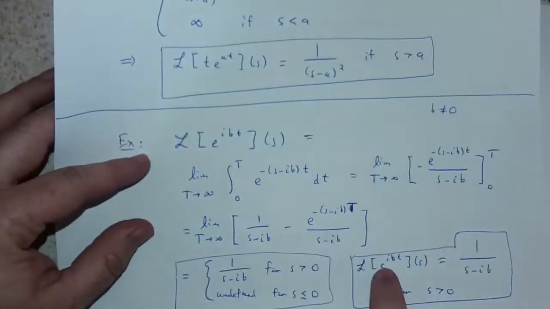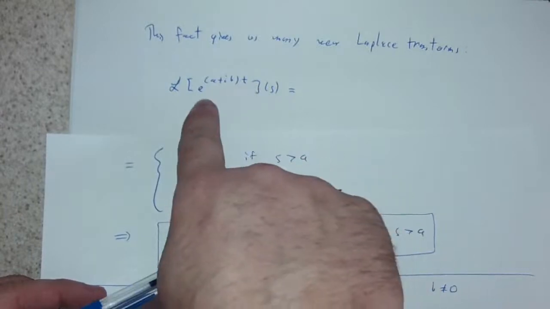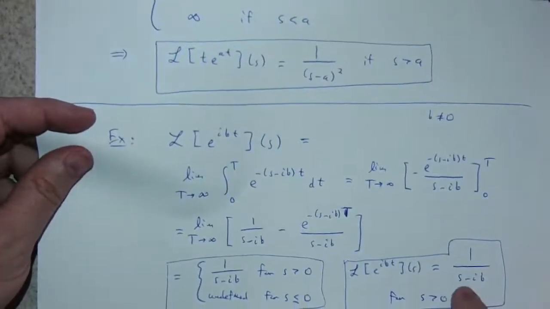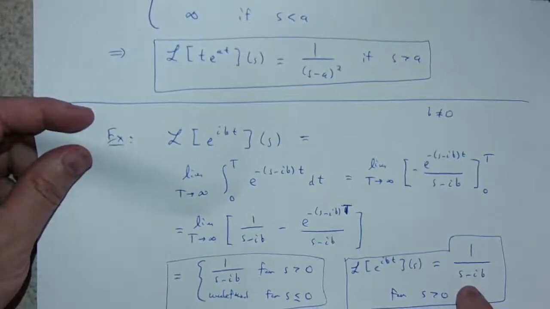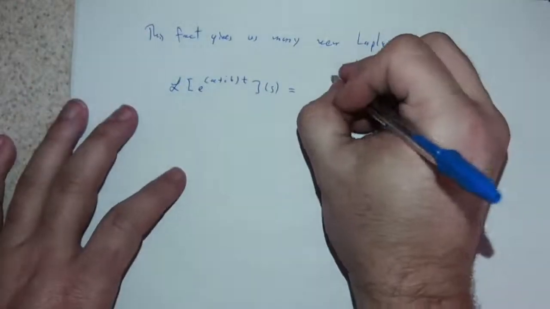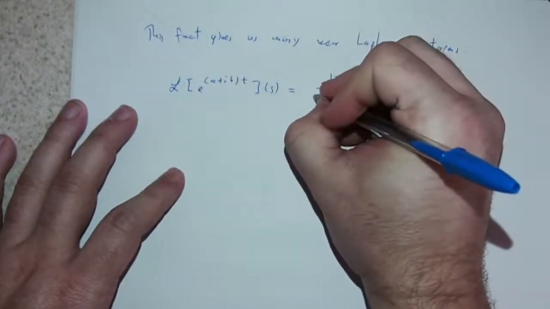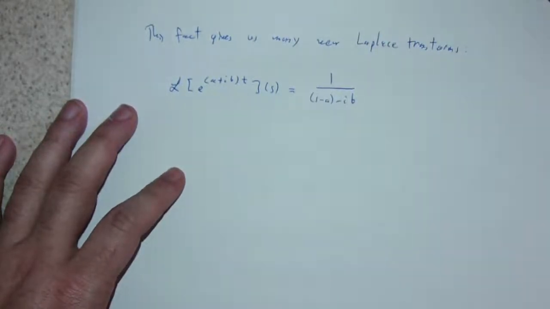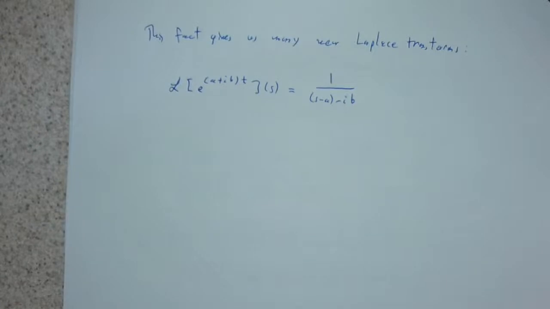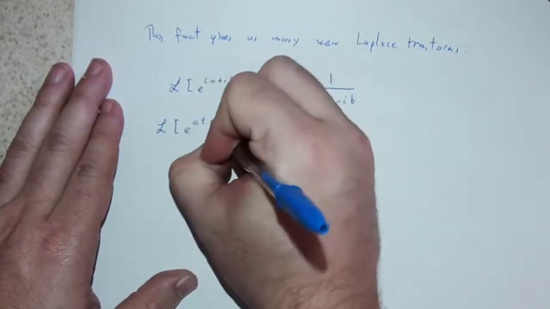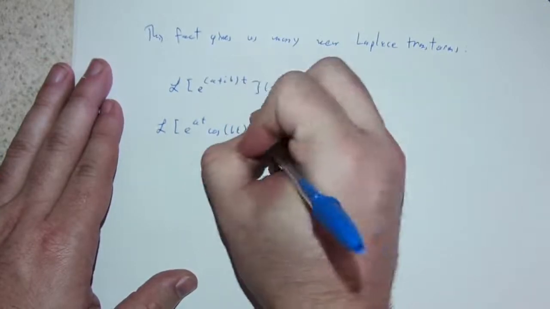Here's my Laplace transform of e to the ibt. The only difference between e to the ibt and e to the a plus ibt is I'm multiplying by e to the at, so I replace s with s minus a. So this is 1 over s minus a minus ib. And that's it.